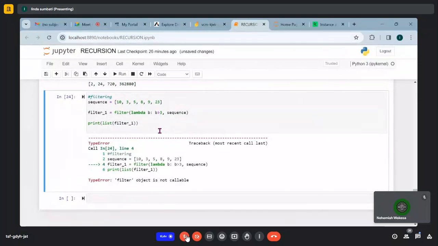Yeah, do that, please, because I don't see any problem here. And they're saying our error is on filter 1. Let me try to.